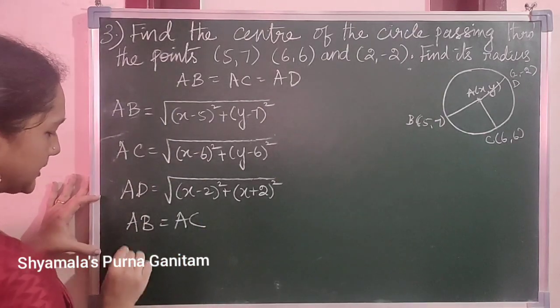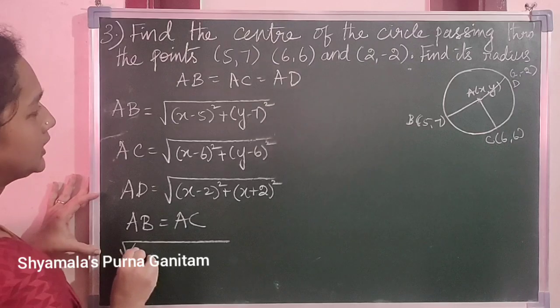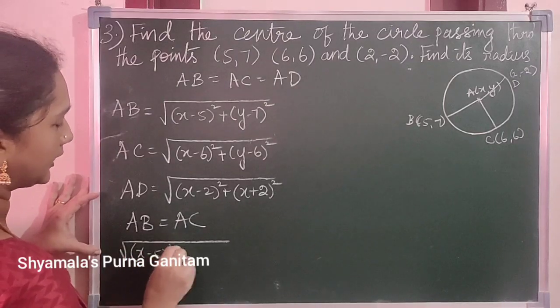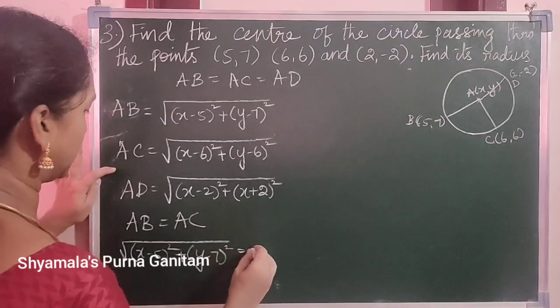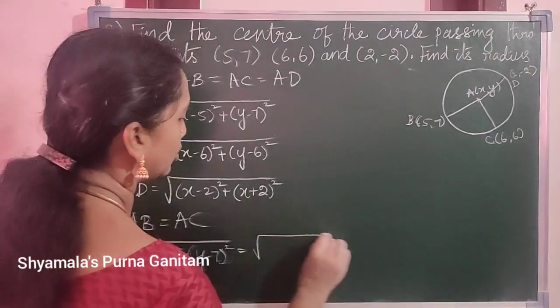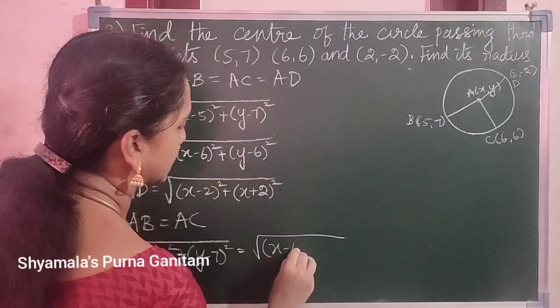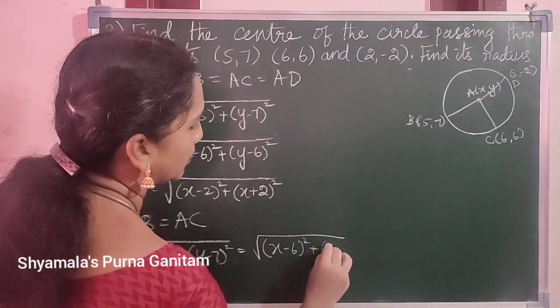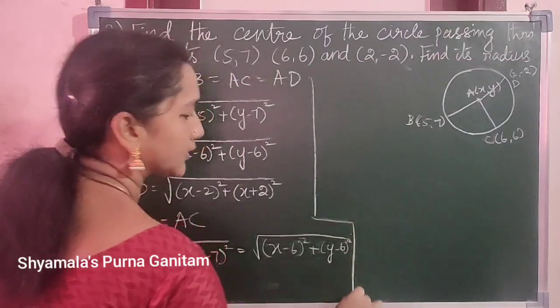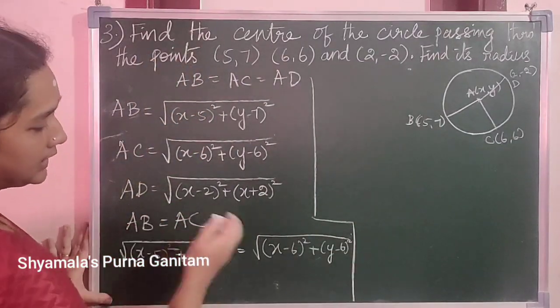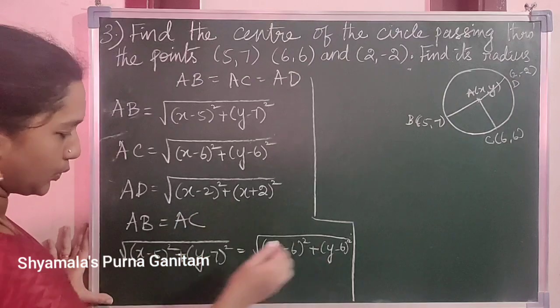So when I take this, root of x minus 5 the whole square plus y minus 7 the whole square is equal to AC, root of x minus 6 the whole square plus y minus 6 the whole square. Now squaring on both sides, this root will get removed.